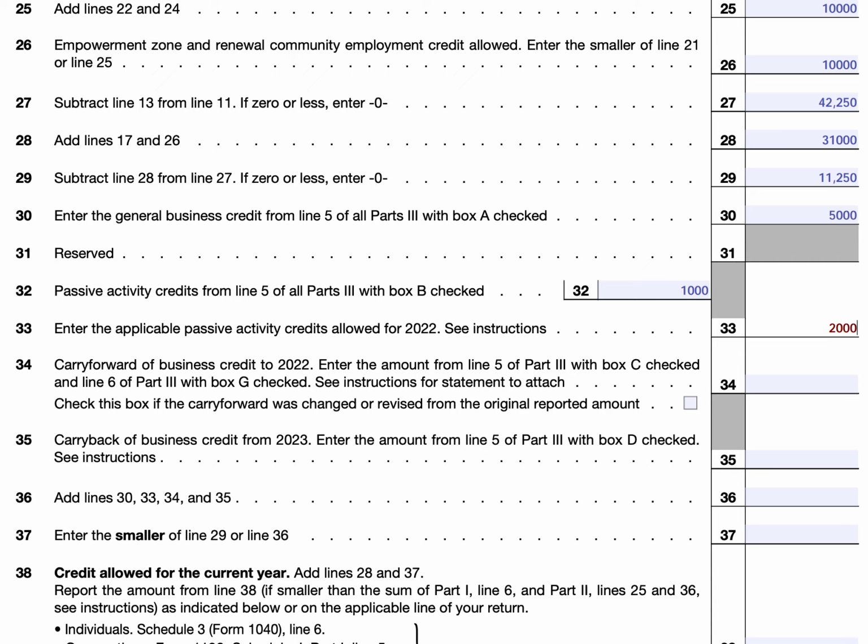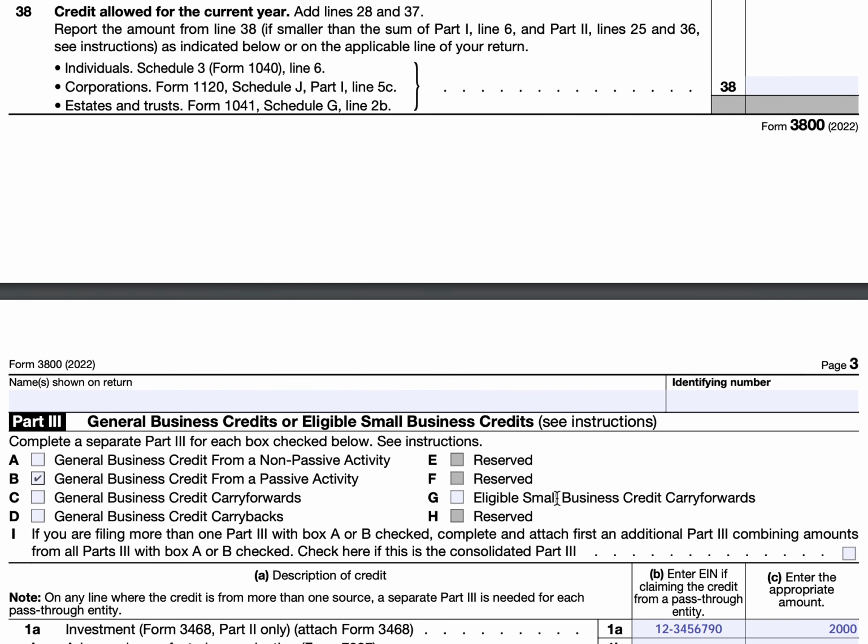So in line 34, we're now going to enter any carry forward of business credits to 2022. So this would be any amounts from line 5 of a part 3 with box C checked, or line 6 of part 3 with box G checked. So remember, box G is eligible small business credit carry forwards.